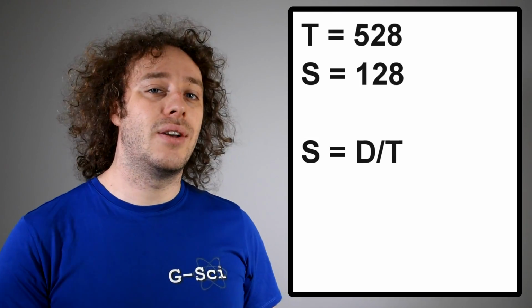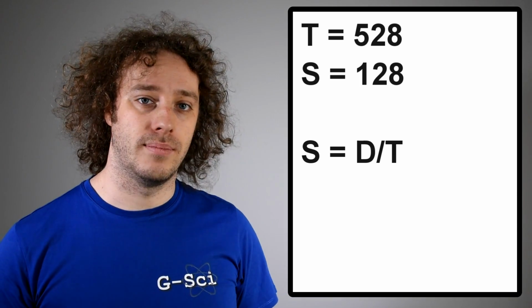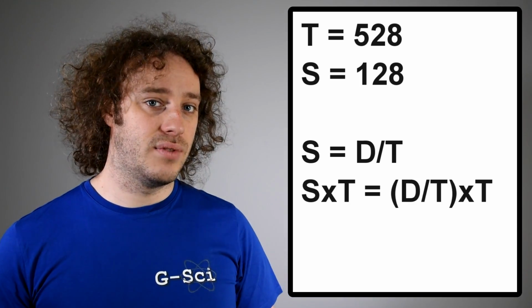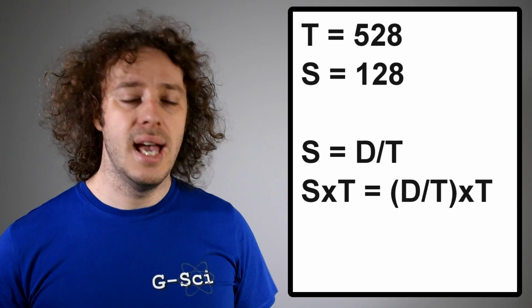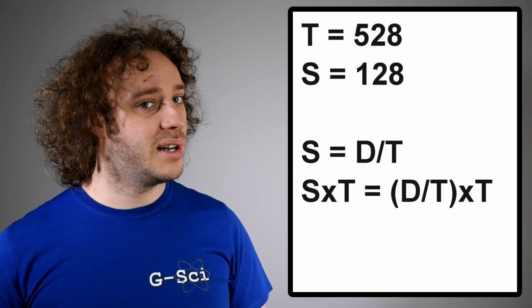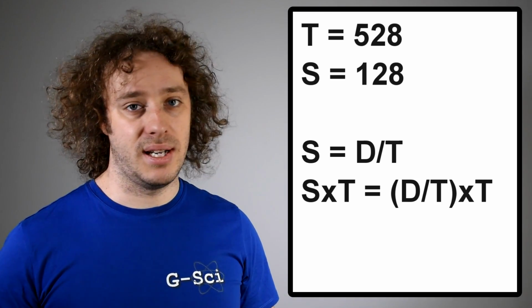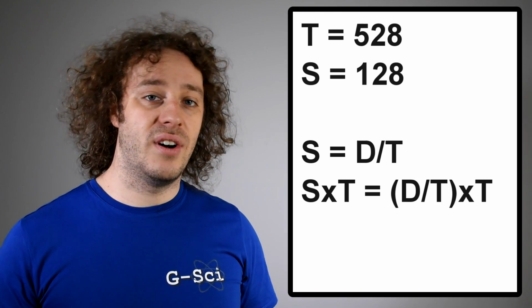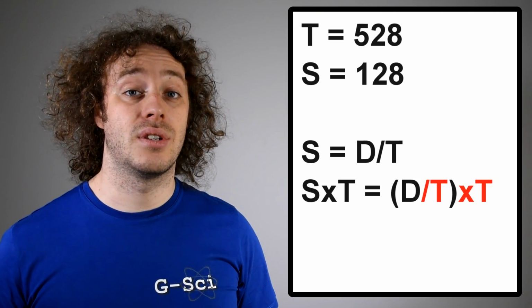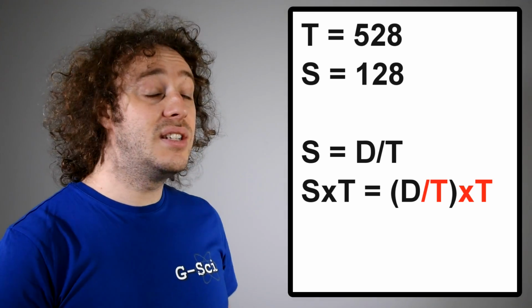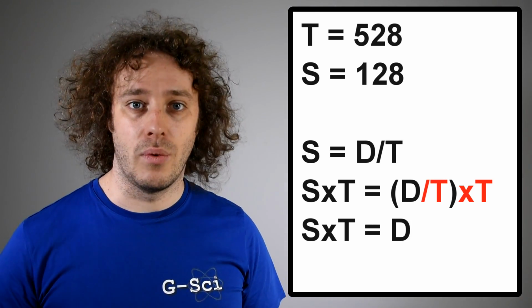So we need to get D on its own, we need to rearrange this equation. To do that, I'm going to times both sides by T, which gives us S times T is equal to D divided by T times by T. And when we divide the d by t and then times by it, the divide and times cancel each other out. The two t's cancel each other out on that side, which gives us d on its own, exactly what we needed.